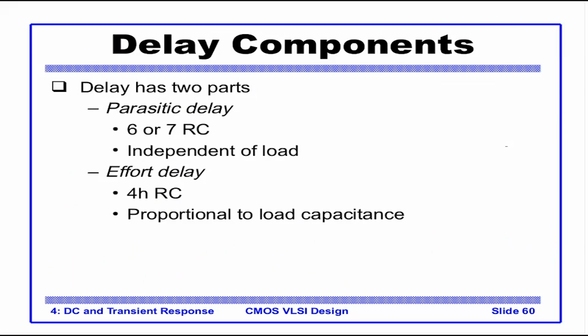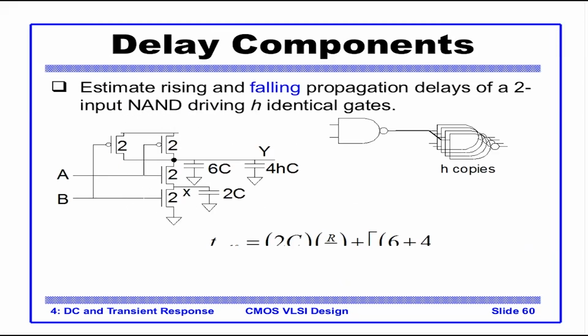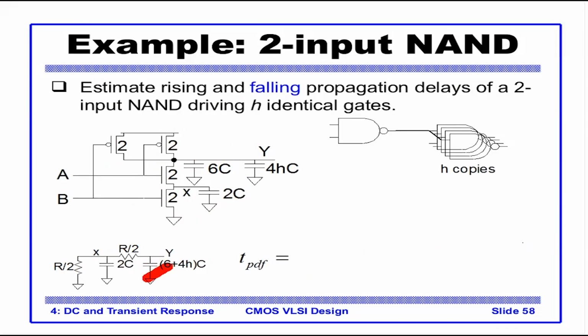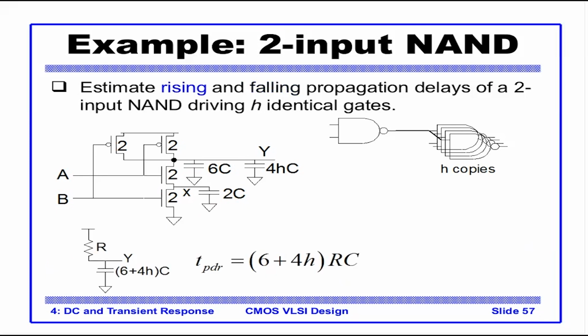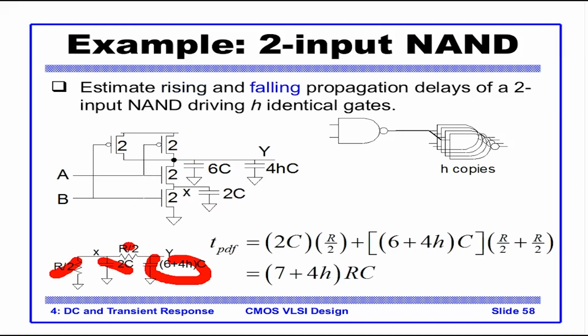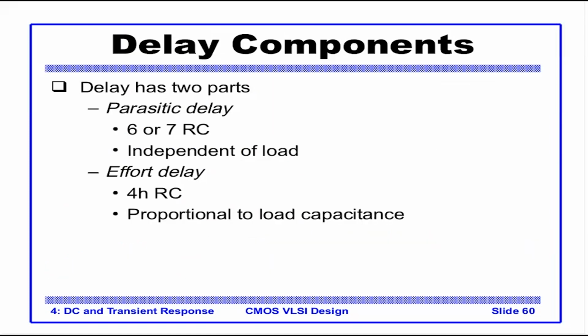Now the delay has two parts. We saw earlier either 6RC or 7RC, the part on the left and the part on the right. One is the parasitic delay, which is independent of load. A NAND gate driving H identical gates sees a capacitance inherent to its own design, which is called the parasitic delay.